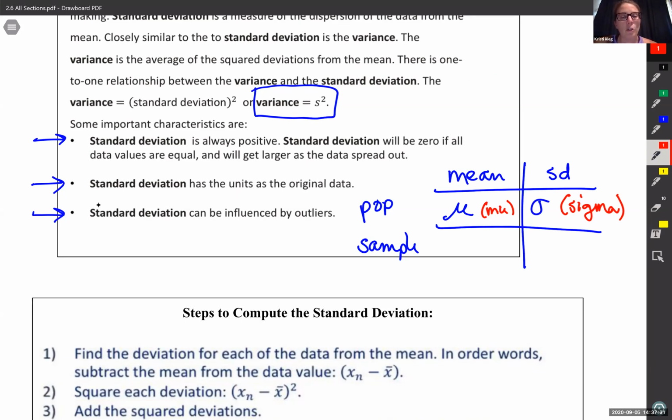Population uses the Greek alphabet. Sample uses the regular alphabet. I think it's called the Arabic alphabet, whatever, it's just the regular one. So the mean is called X bar. You can see that down here, X bar.